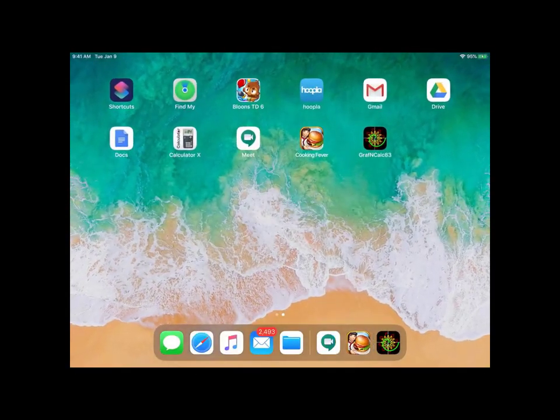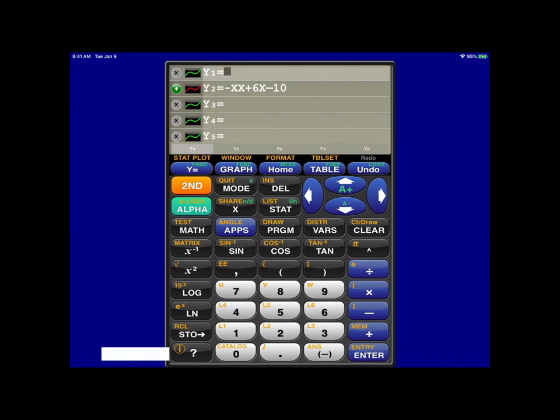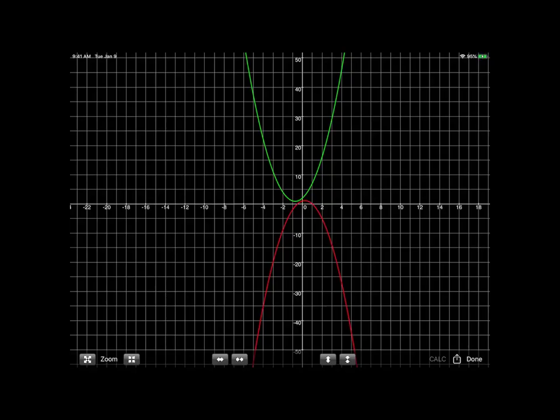Oops, I'm not playing Click Computer. 2x squared minus 3x plus 2. Here, negative 2x squared plus x plus 1. Graph.